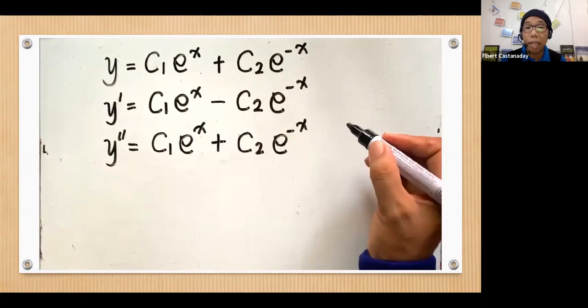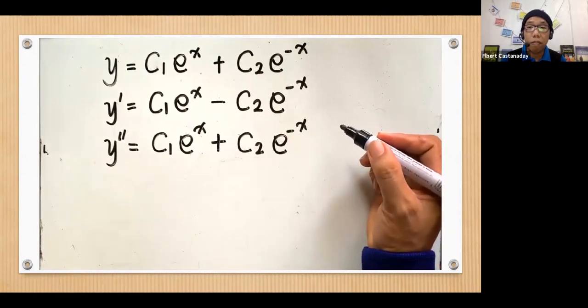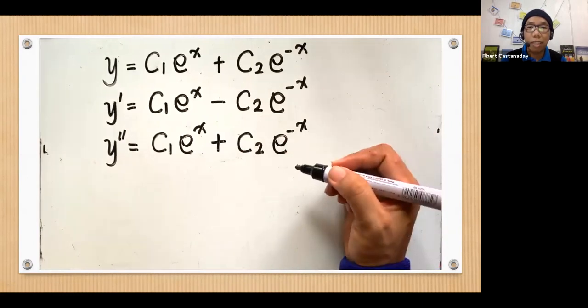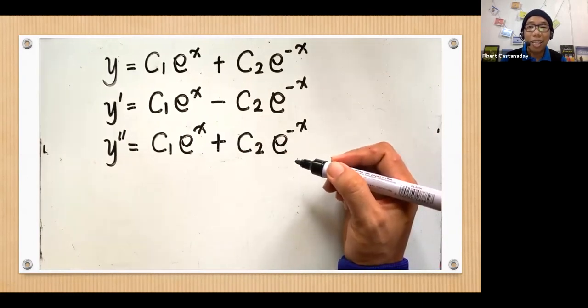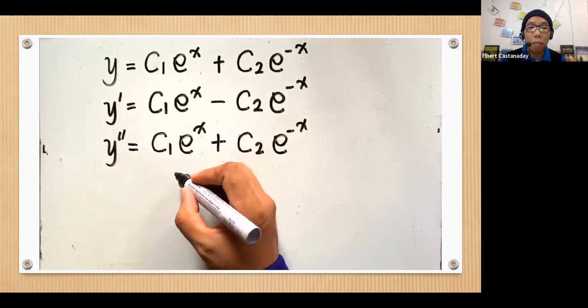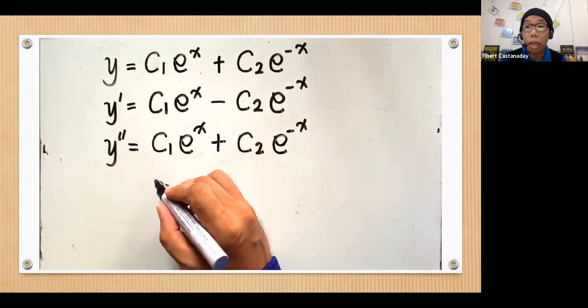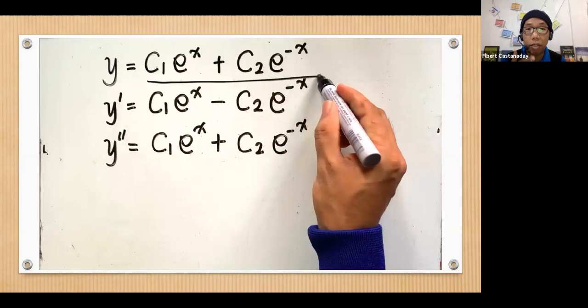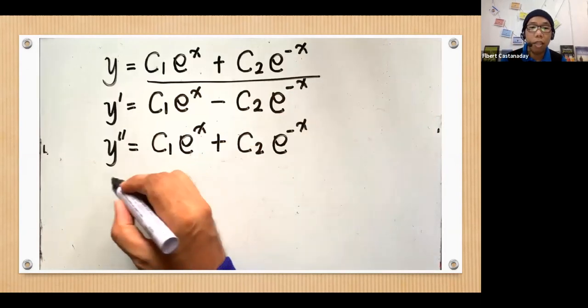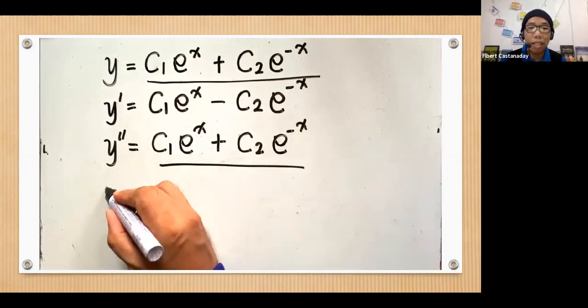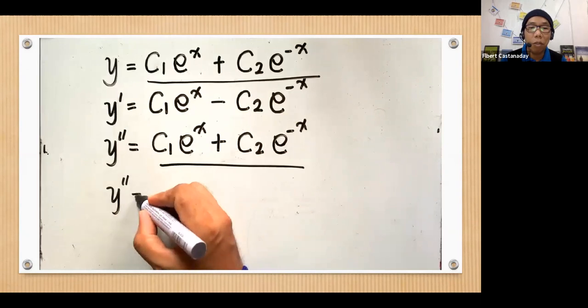So negative times negative, you have a positive sign here. Okay, so what have you noticed? You can see that y double prime is actually equal to y, our given equation on the first line here. So it means that y double prime is equal to y.